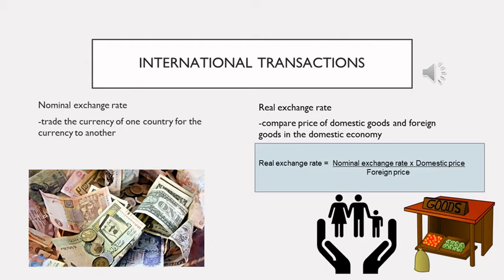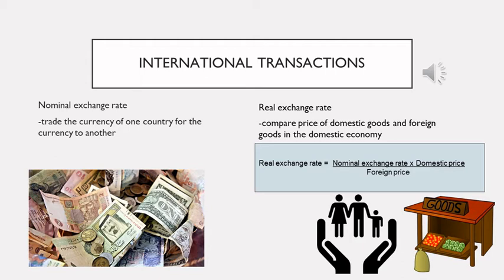Usually, one side of the unit is 1. For example, 1 Hong Kong dollar trades for 4 Taiwan dollars. On the other hand, 1 Taiwan dollar trades for 1/4 Hong Kong dollar.